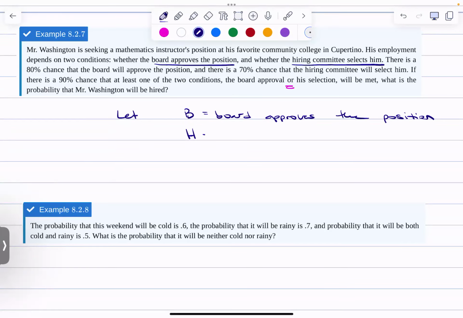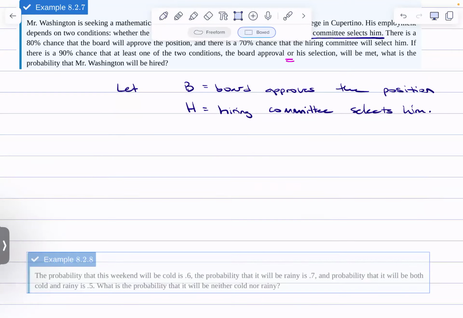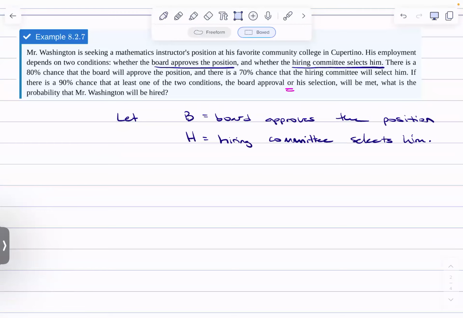Let's use H for the hiring committee selects him. If you define your shorthand, you can always use shorthand like that.